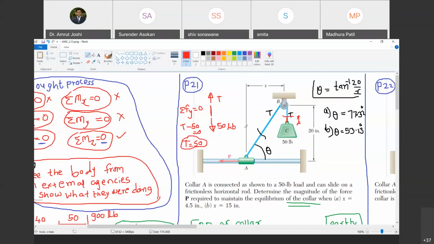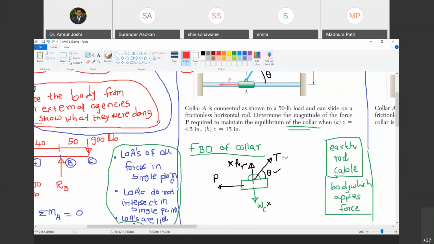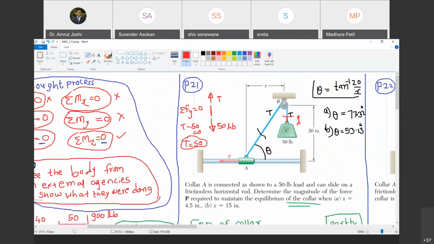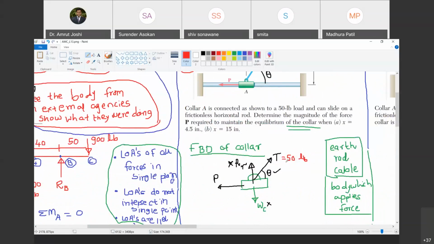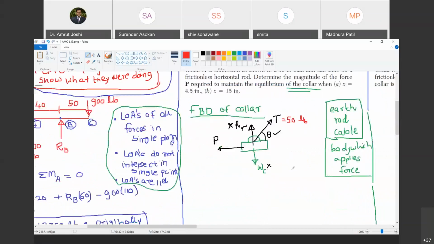So as this T is 50, this T is also 50. As the pulley is frictionless, I argued that this T and this T are the same, and therefore this is 50 lb.